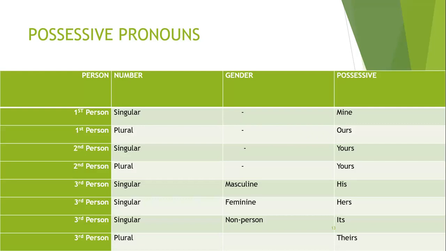If it's first person, doesn't matter the gender, it's mine, okay? And if it's plural, it's ours. If it's second person, it's yours. Second person plural is also yours. Third person singular masculine, his. Third person singular feminine, hers. Third person singular non-human, its. And then third person plural is theirs.